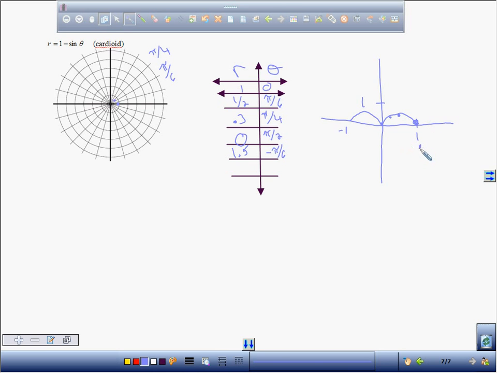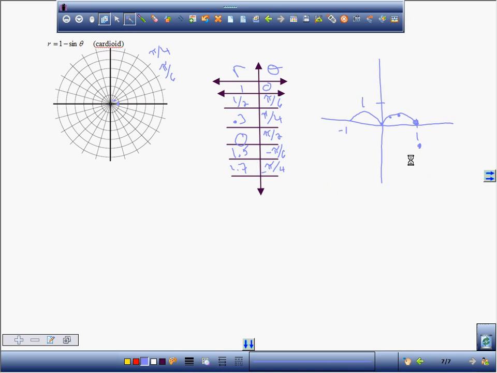So maybe about there. I should have got a bigger piece of graph paper. Then negative pi over 4 is going to give you 1 minus 0.7, so that's going to be like 1.7. So it's going to be a point out here somewhere.